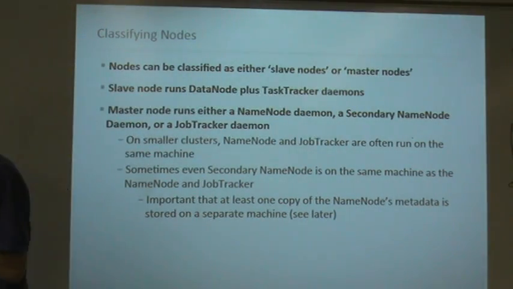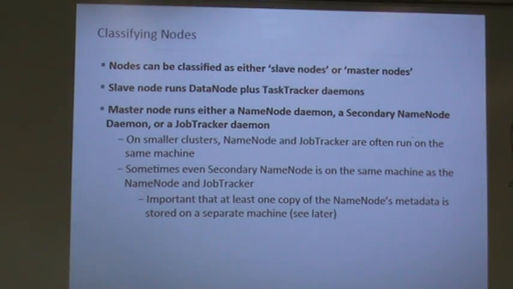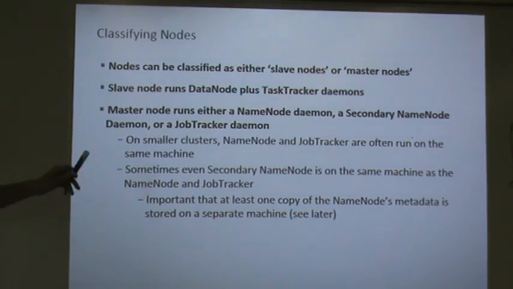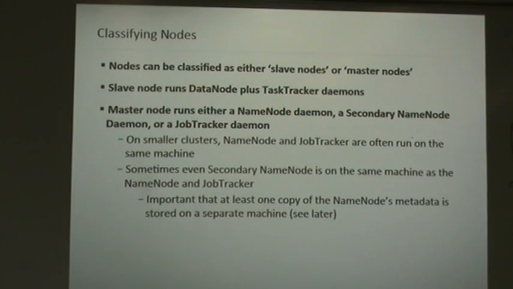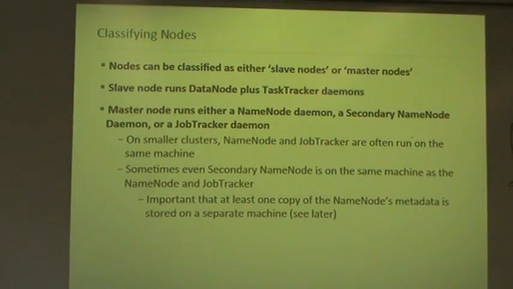As we have learned in the last few weeks, we can classify nodes into two parts. One is the slave, and the other is the master node. The slave node works for data, the data node.